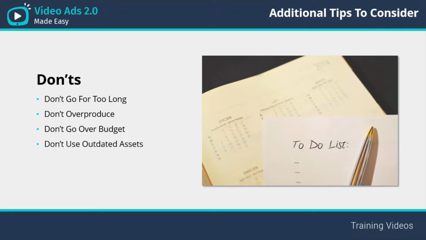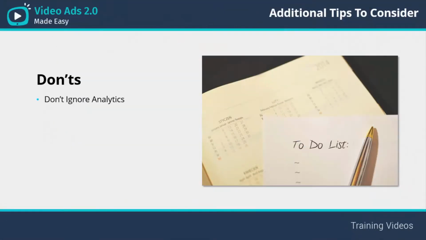Don't use outdated assets. Reusing elements from old video ads to create new ones can cause you to mistakenly include outdated elements in your new videos, such as expired URLs. Don't overpromote. While you should, of course, use your video ads to promote the benefits of your products or services, you should avoid using them to directly ask your targets to buy.